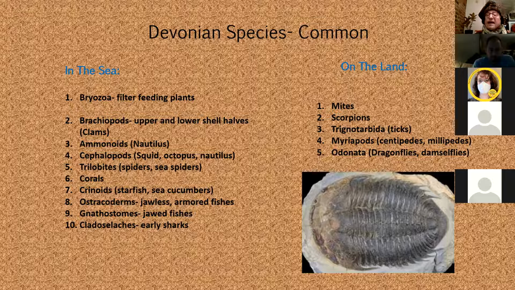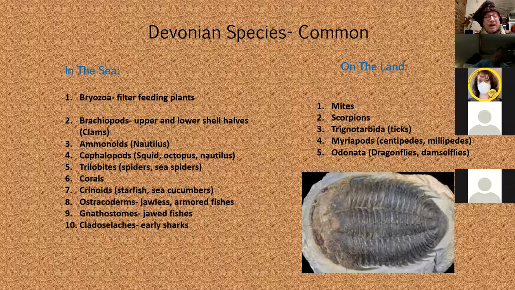Corals, which have not changed in all this time, really. Still pretty much the same as today. Crinoids, which their closest relatives to today are starfish and sea cucumbers. In fact, there were actually sea cucumbers back then.